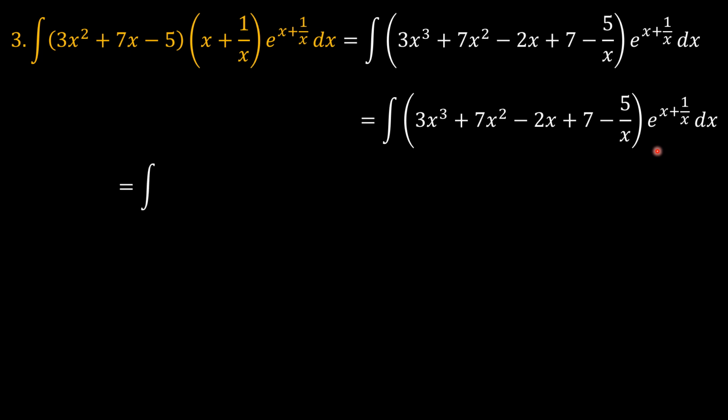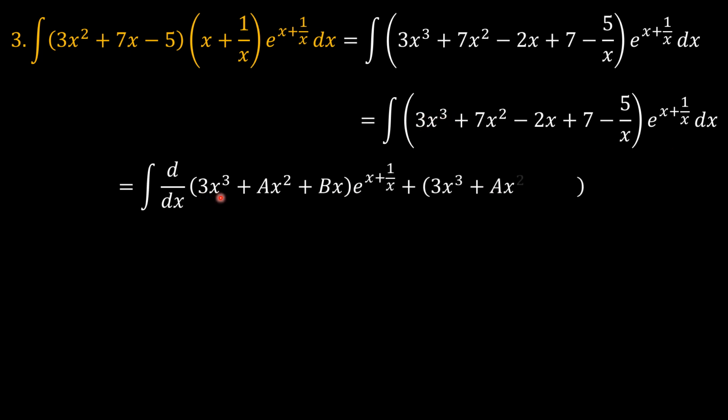So I could say that, okay, this is the same as the derivative of, because the first term when multiplied by 1 minus x squared is just going to be the same, 3x cubed plus a x squared plus bx times e to the power x plus 1 over x, and this pulled out times the derivative of e to the power x plus 1 over x.